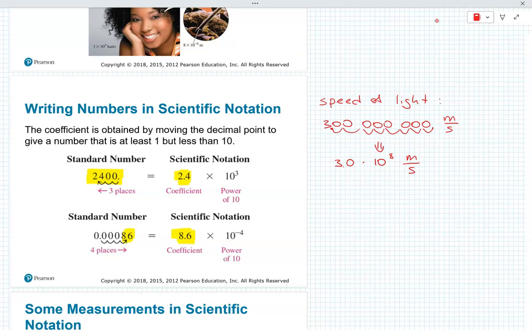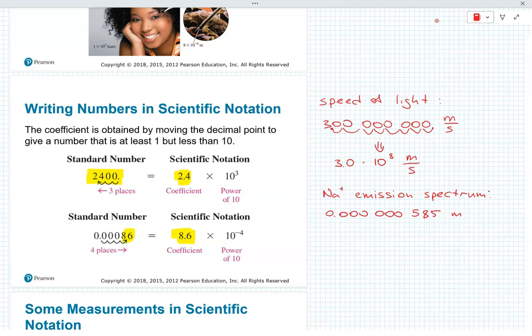Questions about that? Now something small. I think it's the sodium emission spectrum, just one of the lines. It's 0.0000000585 meter. Okay?